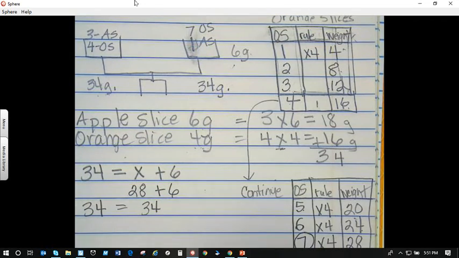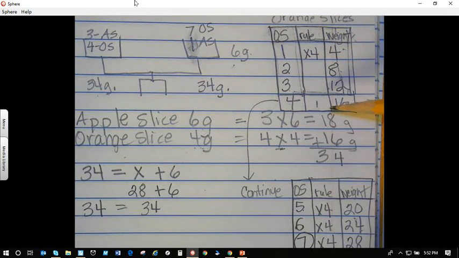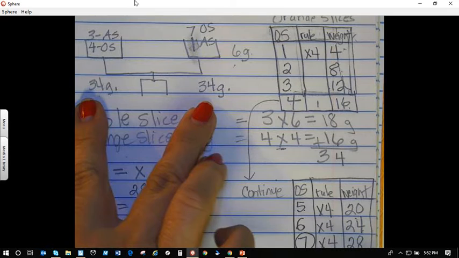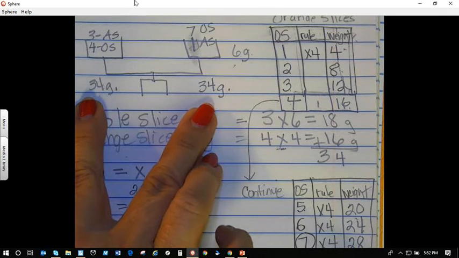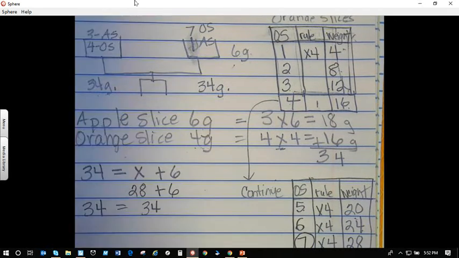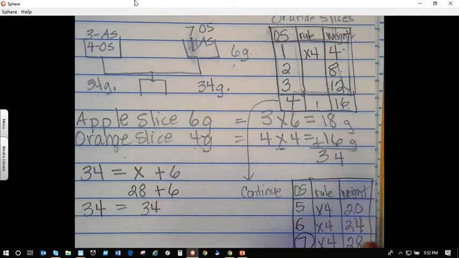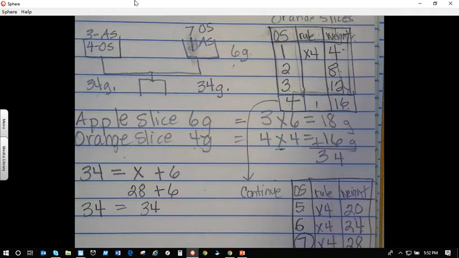So you had to make an outline, build a scale, show your work to find out how many orange slices to add to balance out your equation. Remember, it means that whatever you have on the left, you balanced it out on the right. So the answer is 7, and I'm going to place that up here.